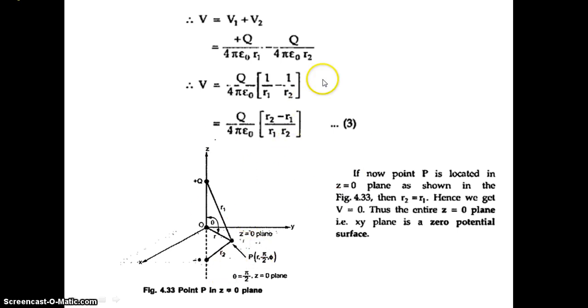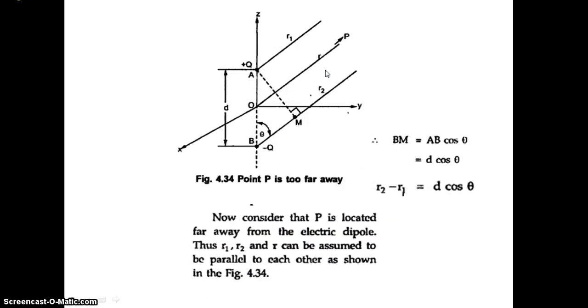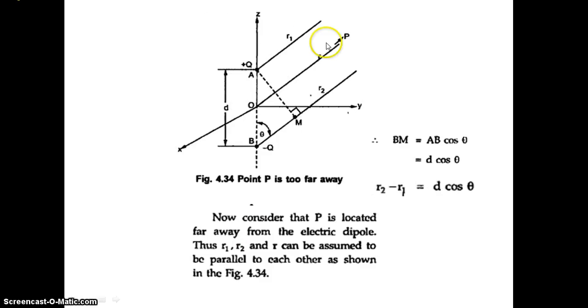Now consider the case where P is at a distant point. In the XY plane case, R1 equals R2. If P is at a distant point, then we can calculate the path difference BM.